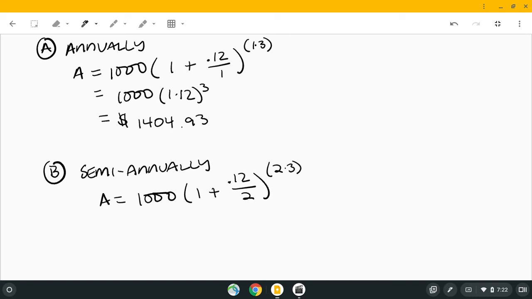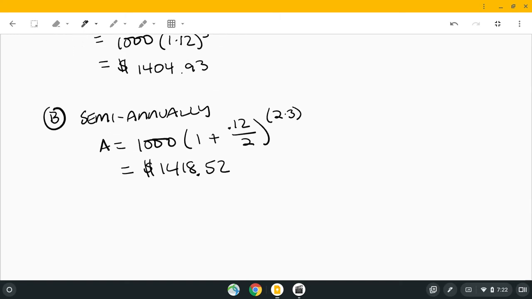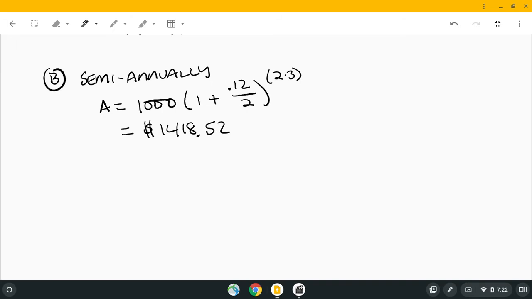If you punch that into your calculator, you should get $1,418.52. Go ahead and try letter C.